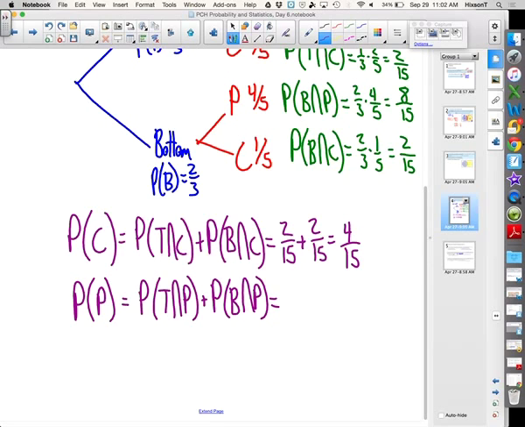So, like Rachel said here, we've got 3/15, which is up off the screen, plus 8/15. So we've got 11/15. How else could we have gotten that? 1 minus 4/15. Very good. Getting pumpkin is the complement of getting chicken, so you could subtract from 1. Either way is totally valid. Okay.